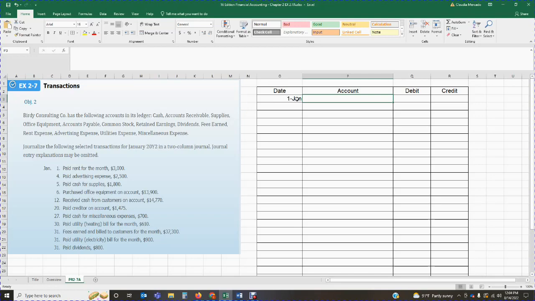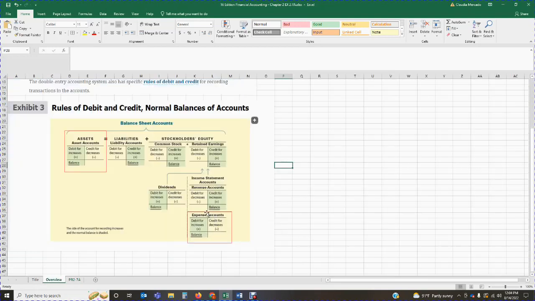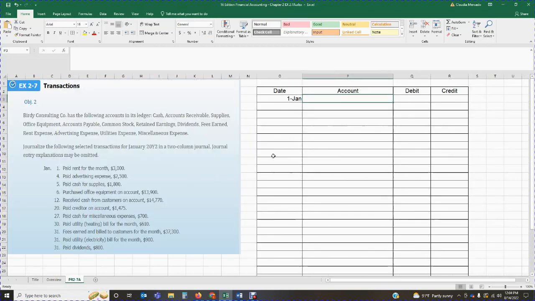Always. So what did we say we were going to debit? We're going to debit my expense account. These are the accounts that we're using up here. You do not make them up. You have to use the information provided. So if you notice here, we have an account called rent expense. We're going to use rent expense, and that's what we're going to debit. Rent expense is going to be debited for $3,000.